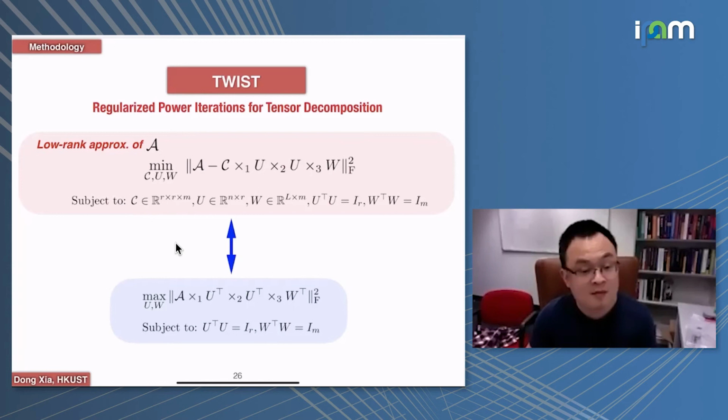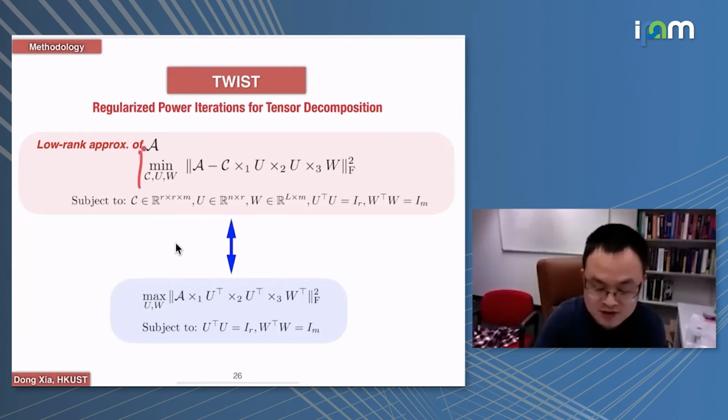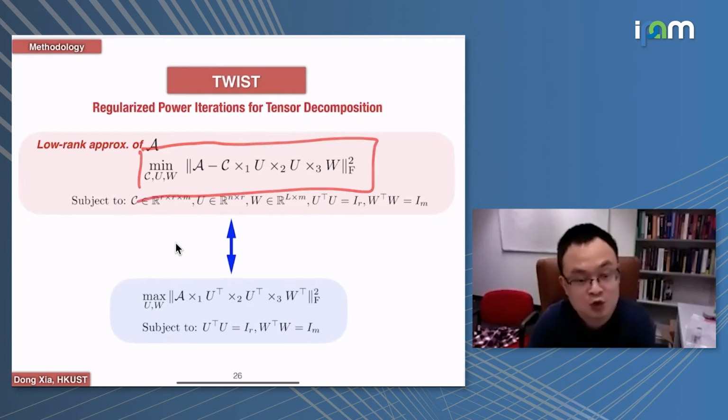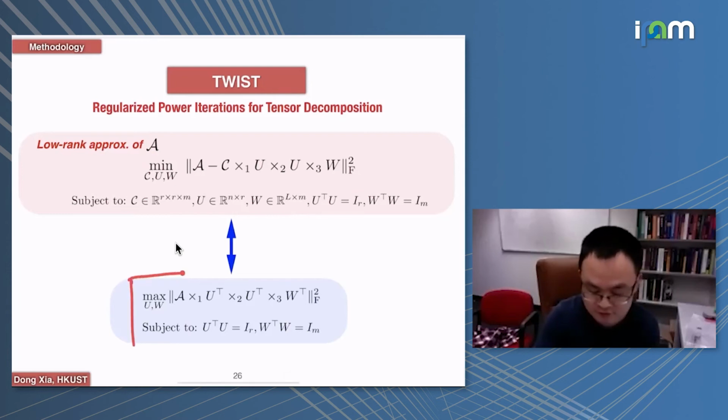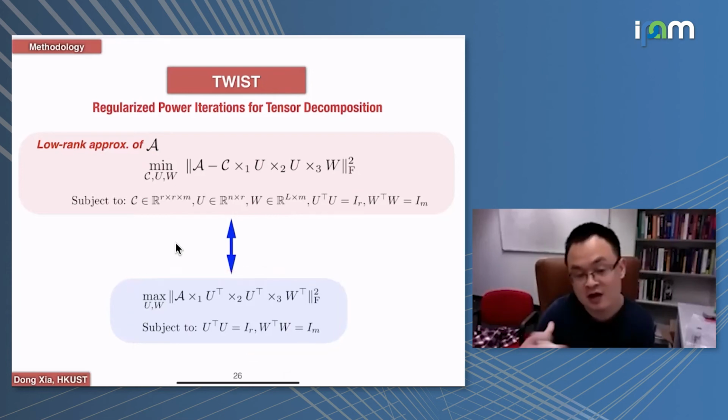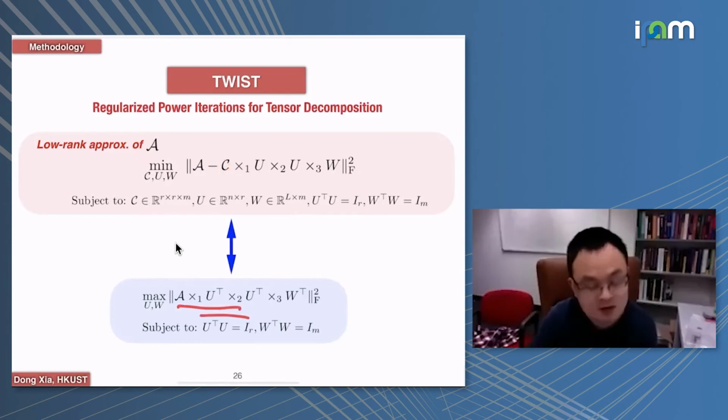Remember, what we want is a low rank approximation for this adjacency tensor, and it is easy to see that this formulation can be equivalently rewritten in the following form. That means now we can throw away this core tensor and try to maximize this term by choosing some singular vectors U and W.